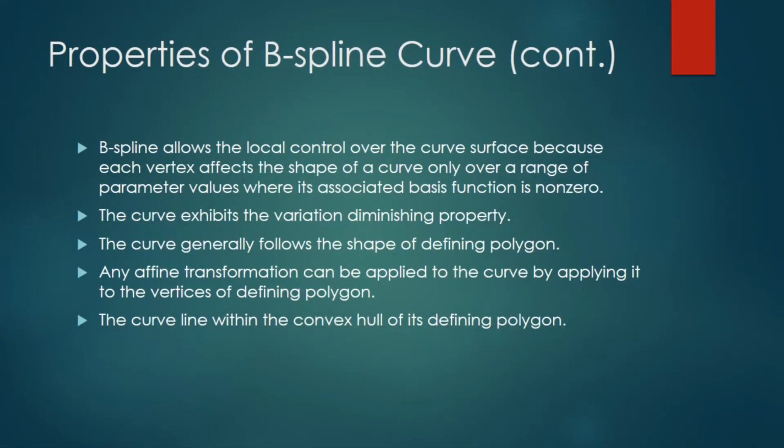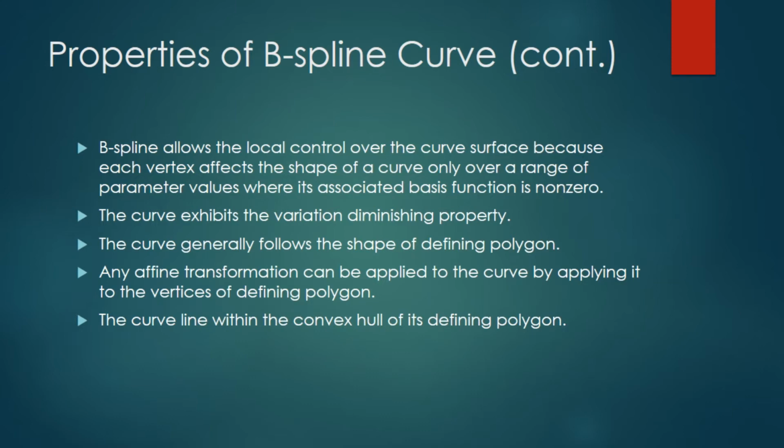B-spline allows local control over the curve surface because each vertex affects the shape of a curve only over a range of parameter values where its associated basis function is non-zero. The curve exhibits the variation diminishing property.